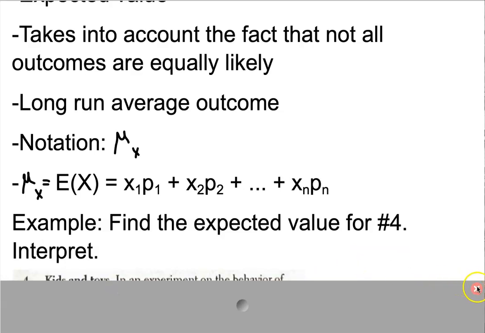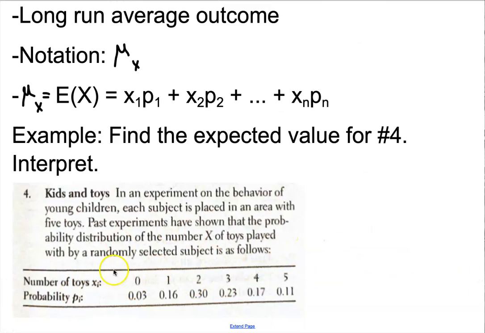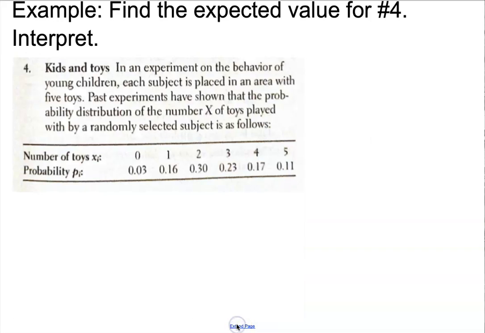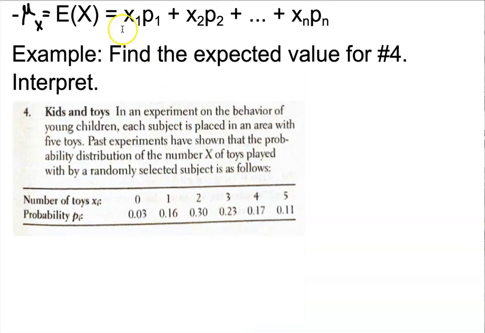Okay, so we're going to do an example here, and this is just that toy example again. We're going to look at the outcome and multiply that by the probability. So if I'm finding the mean, mu sub x is equal to, I'm going to take the value, so here the value is 0, and multiply it by the probability associated with 0.